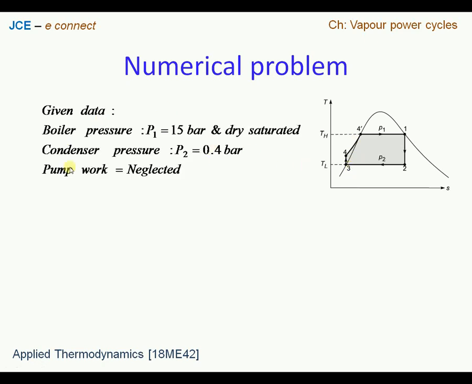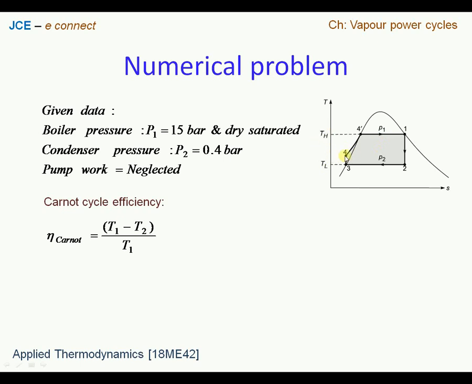Now we have the given data here, and we know that the Carnot cycle efficiency is given as (T1 minus T2) by T1, which means Carnot cycle efficiency is purely a function of temperatures. Therefore from the TS plot we have the two temperature limits here.